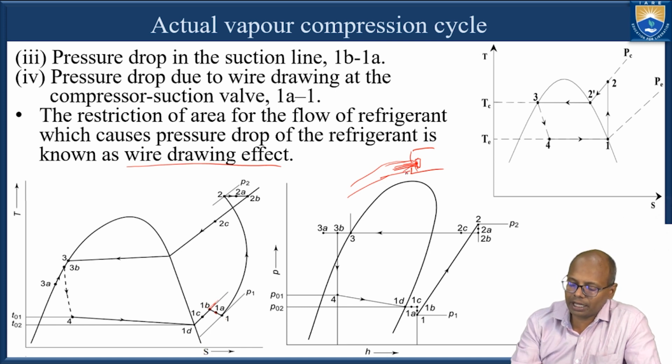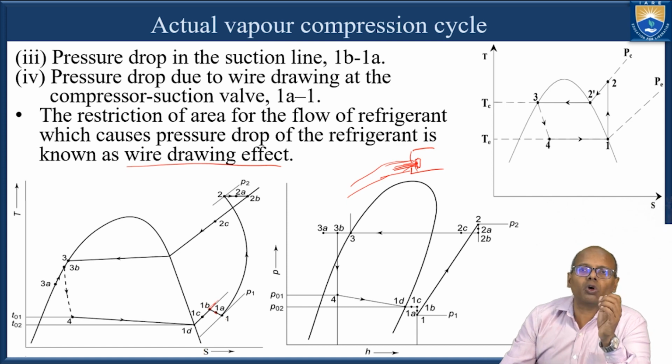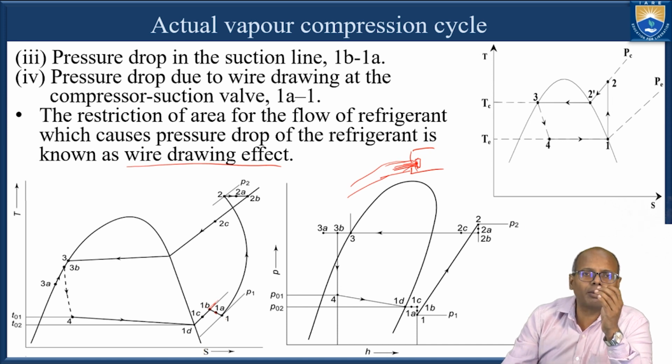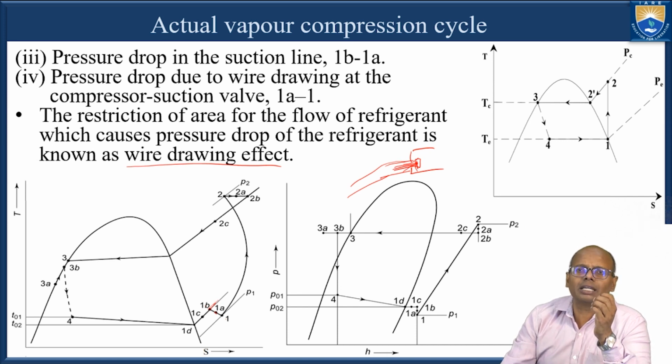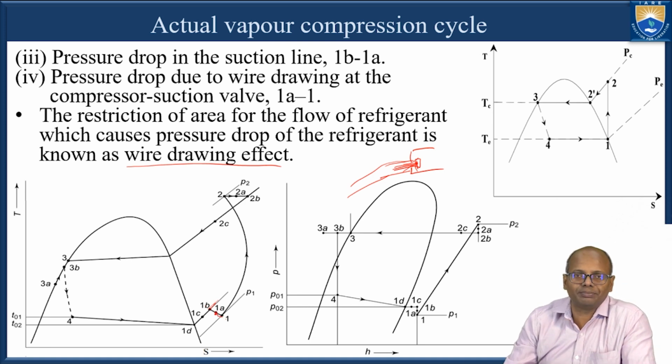Because of this restriction in area, the refrigerant, which is in the form of vapor, experiences an effect called the wire drawing effect, and because of this there is a little bit of pressure drop, shown here as 1A to 1.